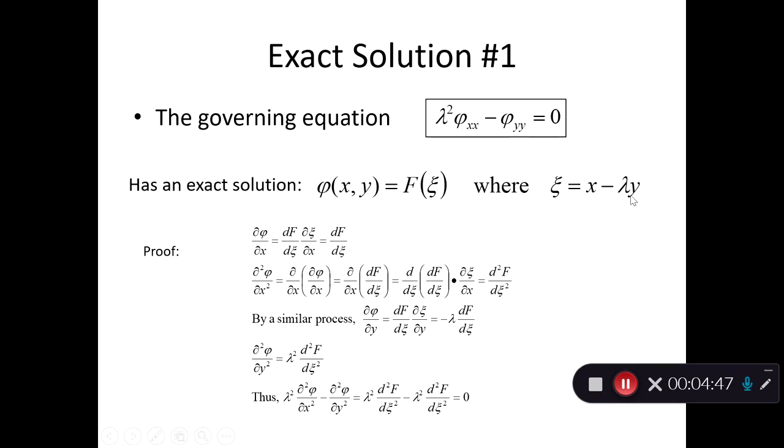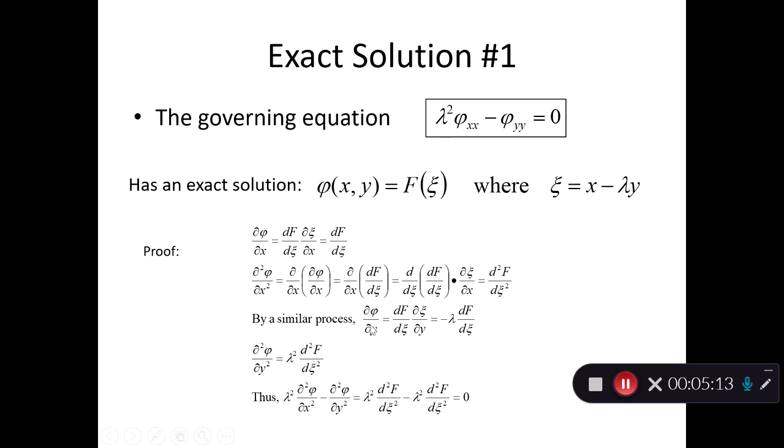Since c is given in here, the derivative of c with respect to x is just 1. Therefore, d phi dx is df dc. Now, the second derivative can similarly be done. d by dx of d phi dx. d phi dx is df dc. d by dx is d by dc times dc dx. So you just get a second derivative because this is 1.